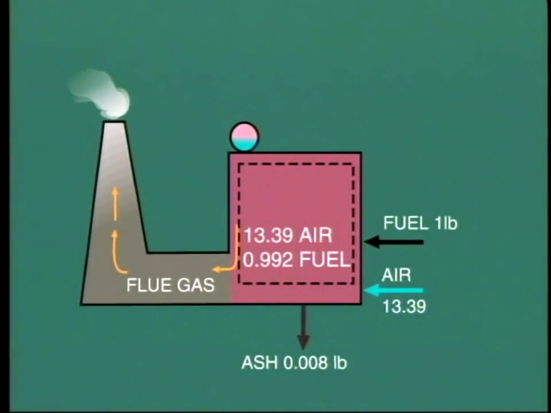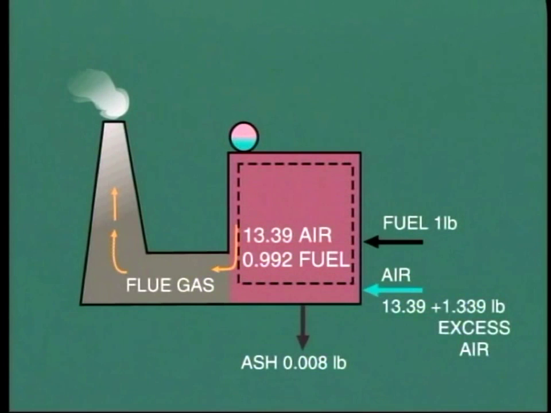Let's suppose in the case examined that we actually supplied 10% excess air. That is 13.39 times 0.1 equals 1.339 pounds more air than the theoretical calculation shows to be required for combustion.